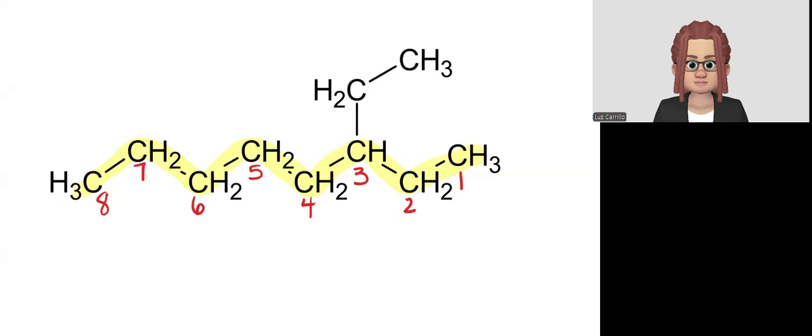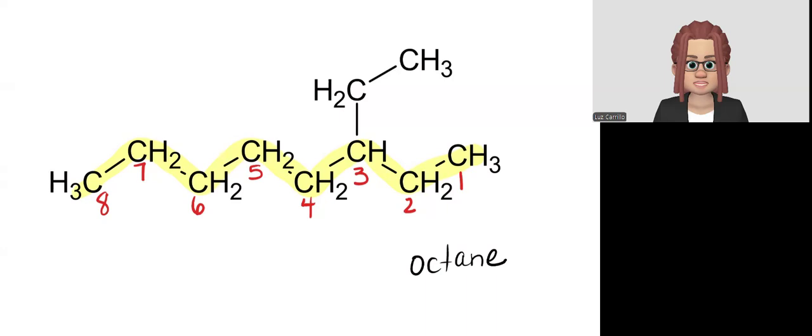that means specifically that my name is going to end with the word octane for the 8 carbons in the parent. As a prefix of that, I have to give the location and the name of the substituent.